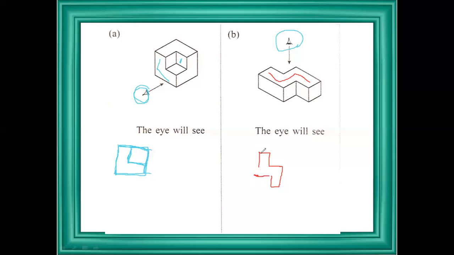So it will be looking like that one. Okay, so make it good. Use a ruler in your activity. So it will be looking like that from the top view. Again, just make it good in your drawing.